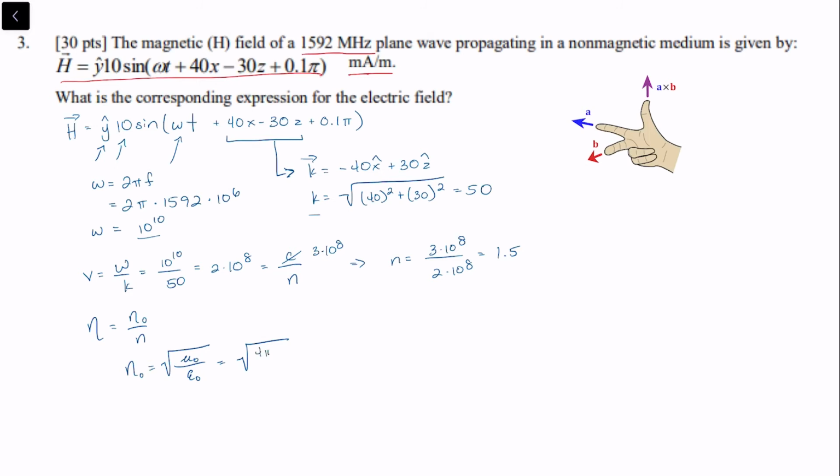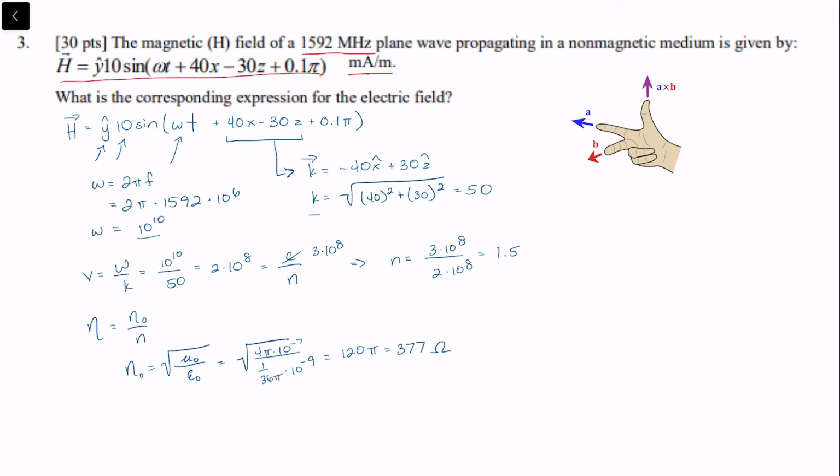Mu naught is 4 pi times 10 to the negative 7. Epsilon naught is 1 over 36 pi times 10 to the negative 9. It's equal to 120 pi, which is equal to 377. Now remember, eta is impedance, therefore the units for it is ohms.